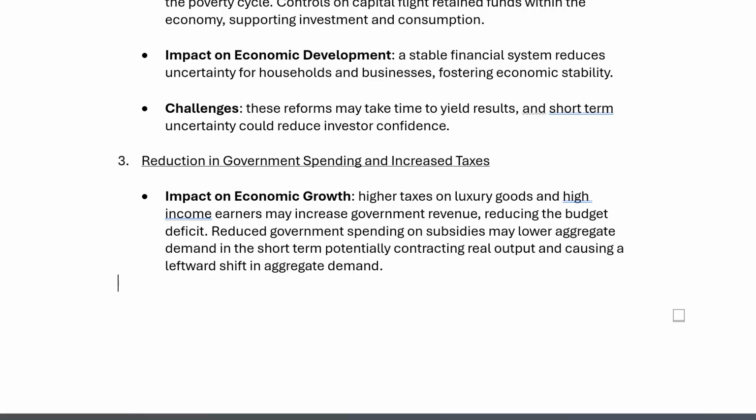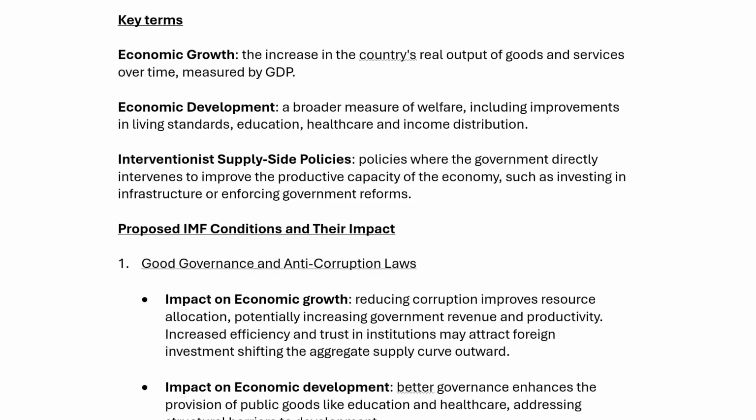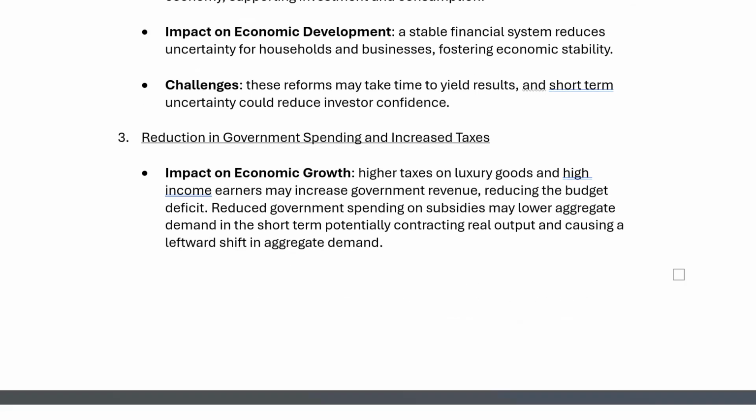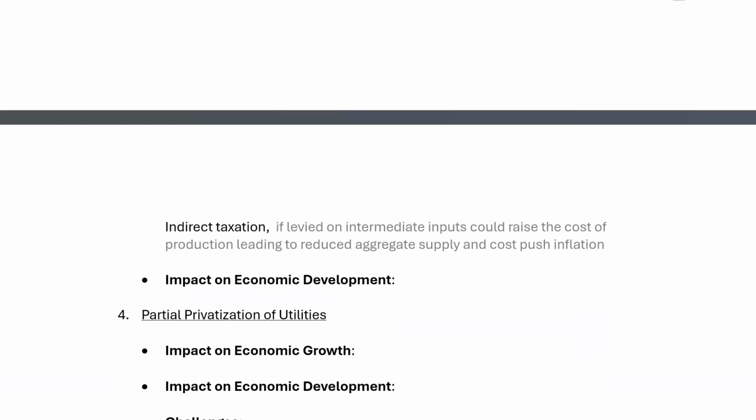Oh, whoops, I wasn't done with this first bit. Indirect taxation, if levied on intermediate inputs, could raise the cost of production, leading to reduced aggregate supply and cost-push inflation.